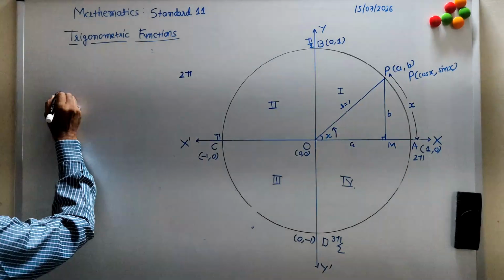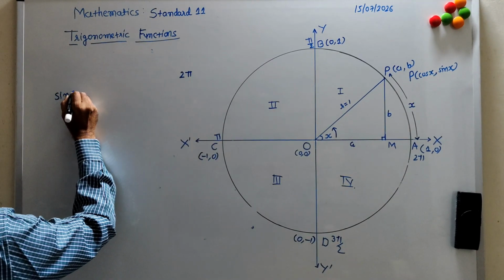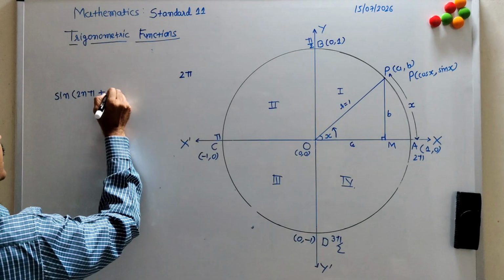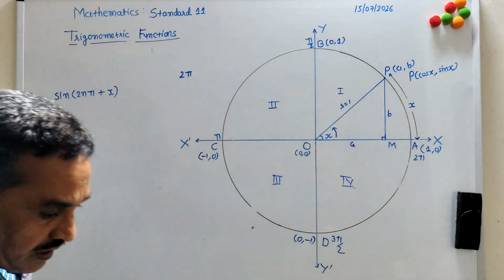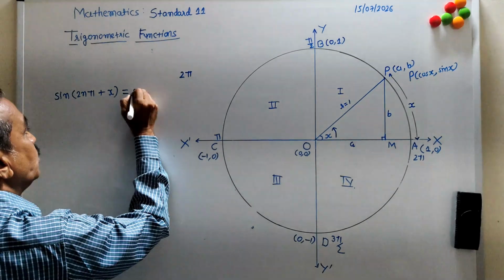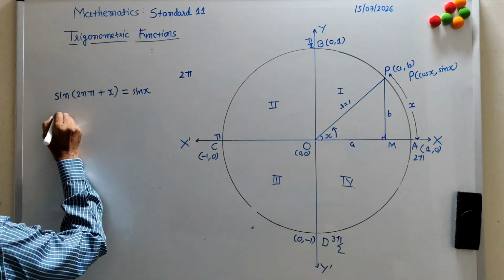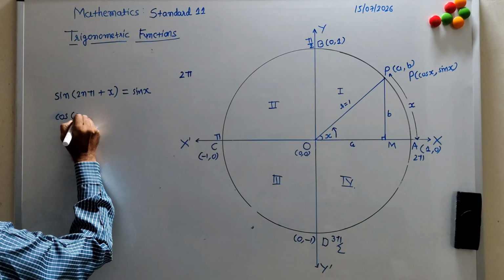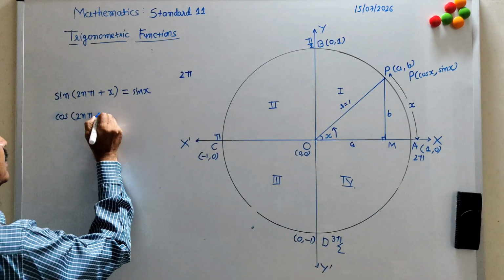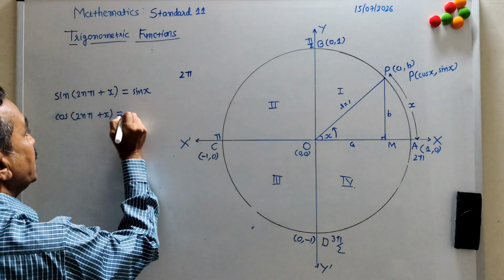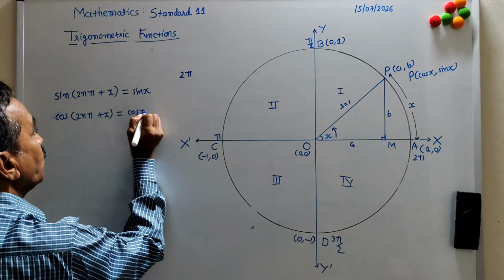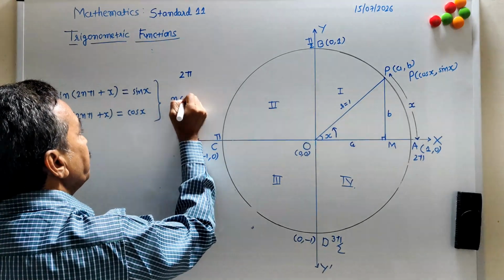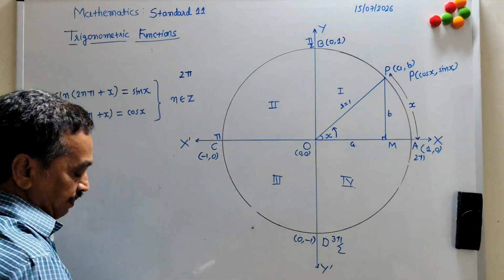That means sin of 2n pi plus x is equal to sin x, and cos of 2n pi plus x is equal to cos x, where n belongs to Z.